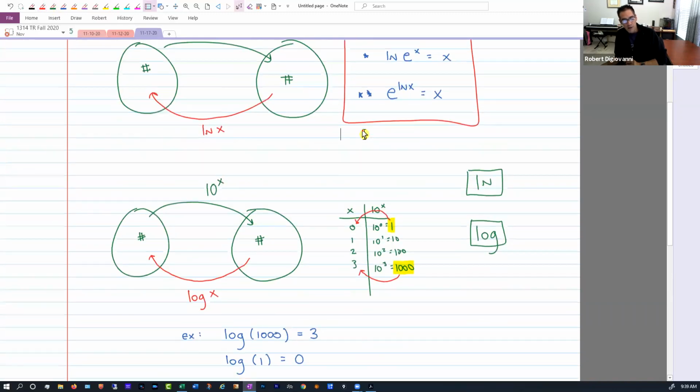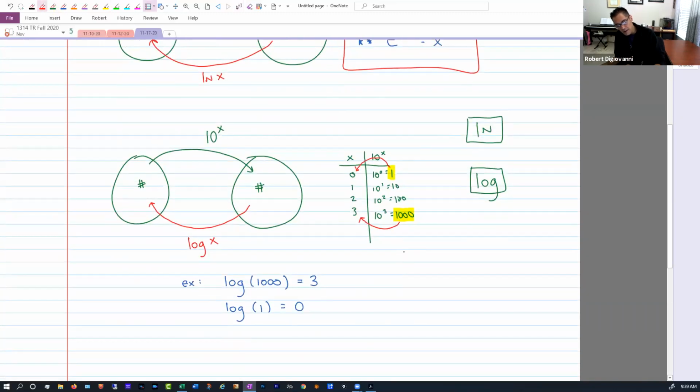One property is that log of 10 to the X should be X. And the other one is that 10 raised to the log X should be equal to X. So these are two new properties that we want to be able to use. Make sure you have those written down.